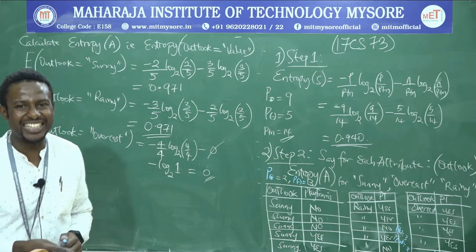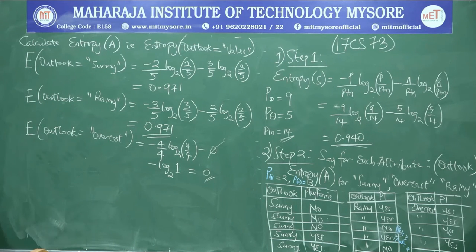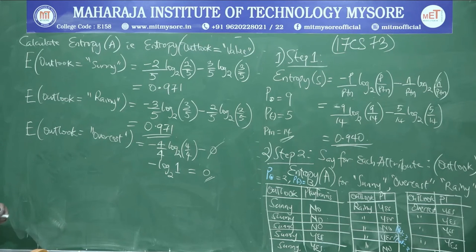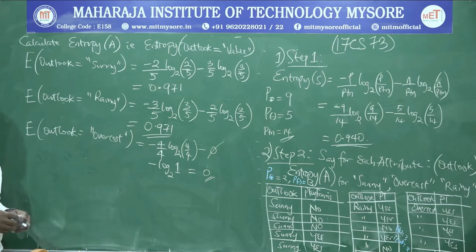So you are not picking anything. You have to compute the average information entropy. This enters step 2. Step 3 is where you pick the highest gain attribute. So here we calculate the average information entropy.